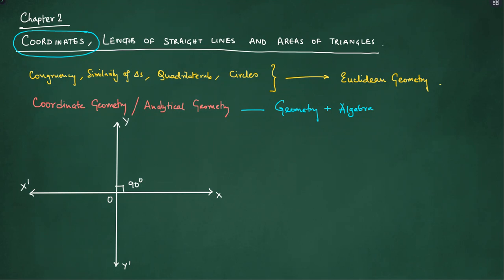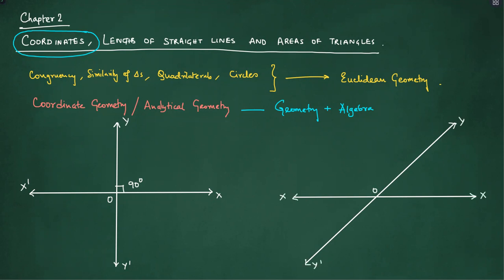In coordinate geometry, you can also have, let's say, the x-axis is this, and your y-axis can be something in this manner, where you have an angle omega being made. Generally we represent this angle as omega.